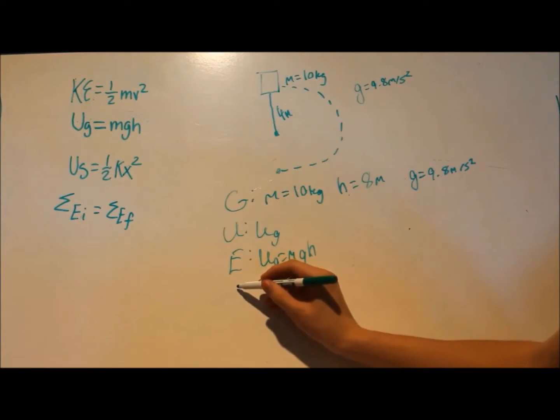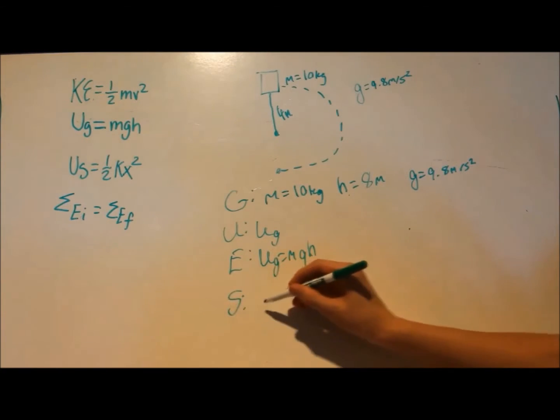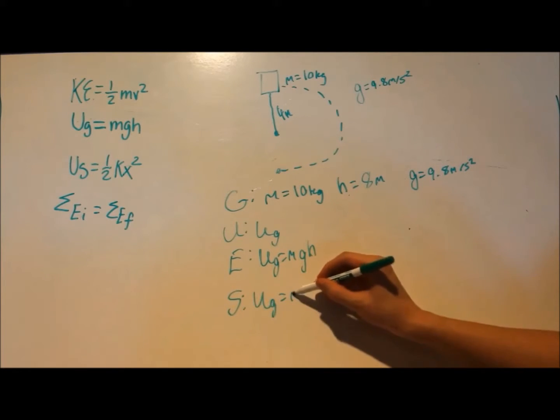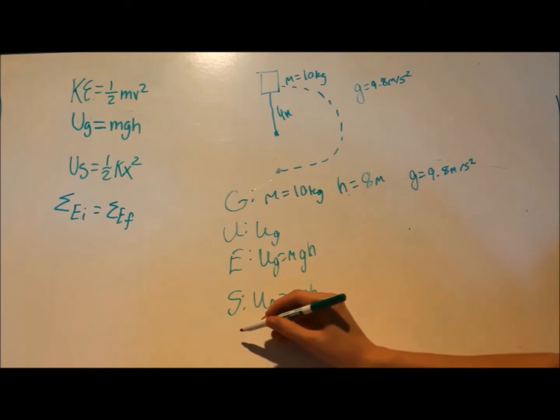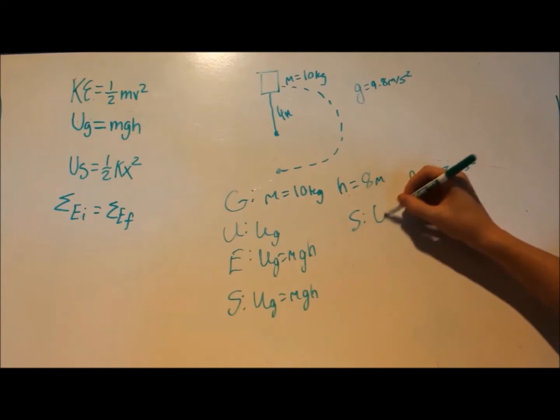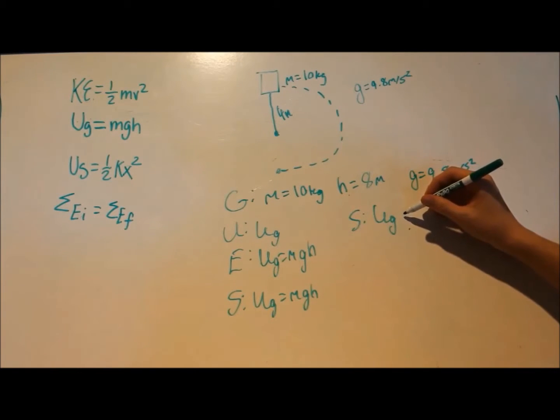So we use the equation UG equals mgh, and we don't need to change anything about the equation, so we simply plug in the numbers.